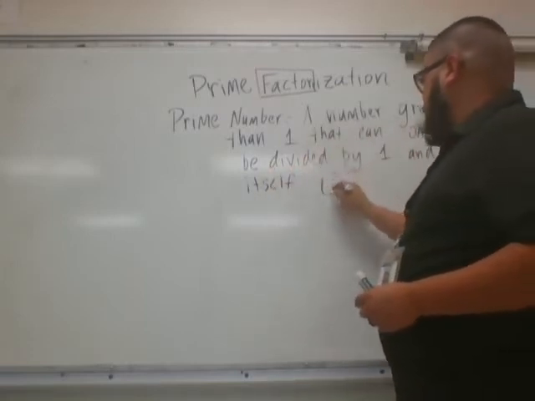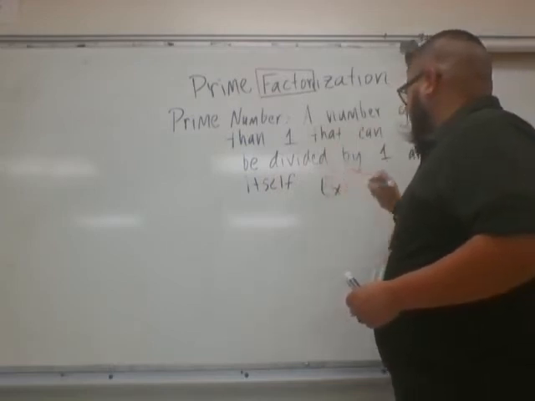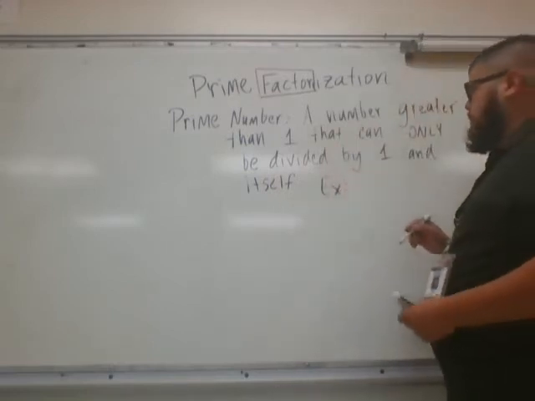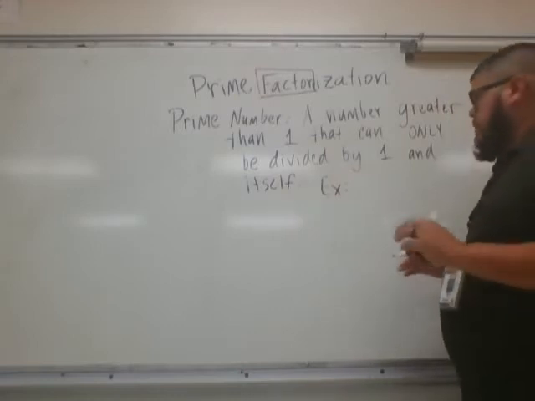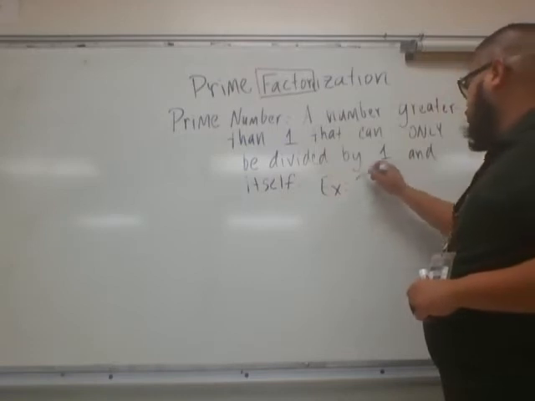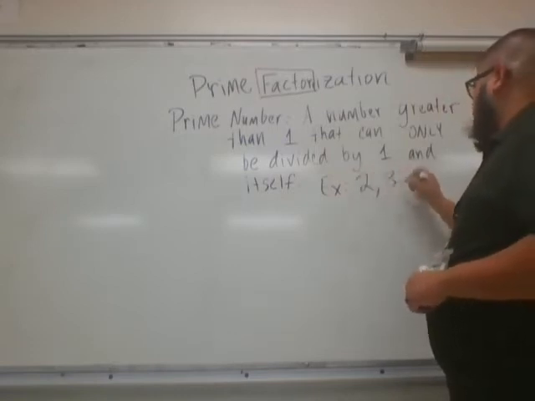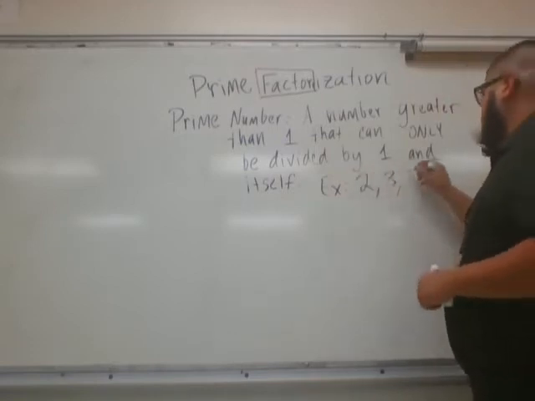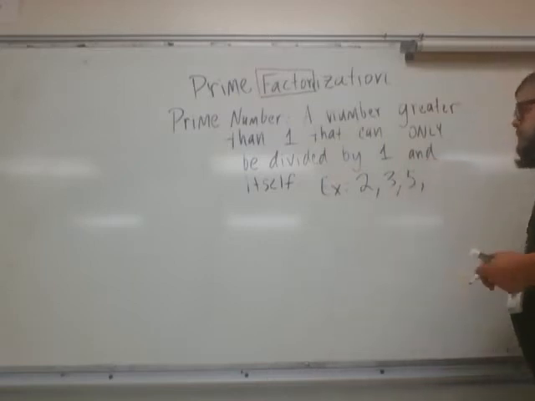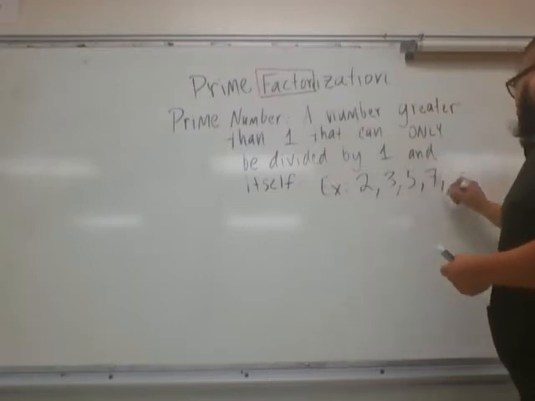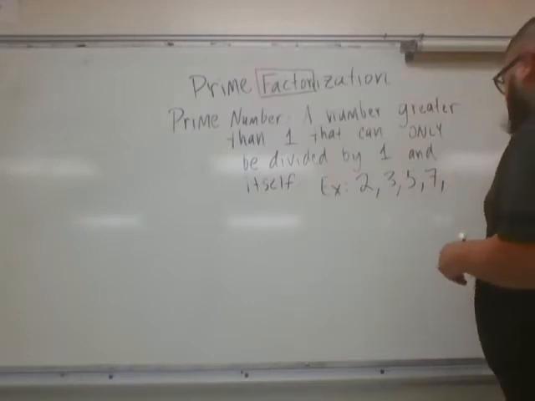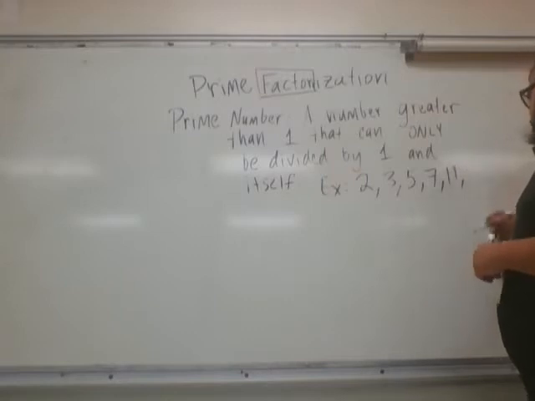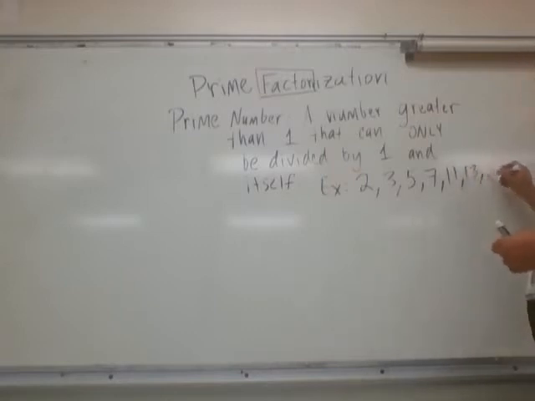Okay, we can list a few examples here. Examples of prime numbers: the number 1 is not prime, okay? It has to be greater than 1, can't be 1. 2 is a prime number. 3 is a prime number. 4 is not prime. 5 is a prime number. 6 is not prime. 7 is a prime number. 8 is not. 9 is not. 10 is not. 11 is a prime number. 13 is a prime number, and so on.